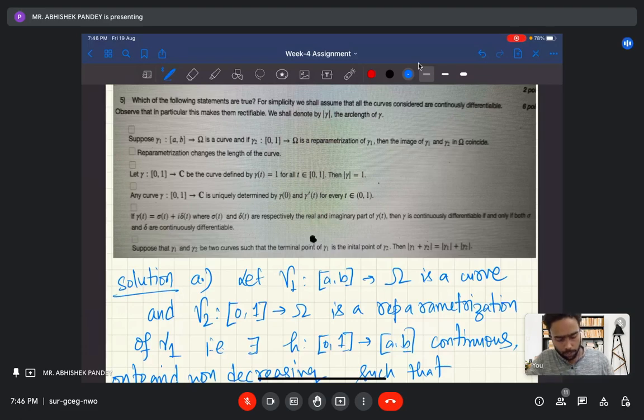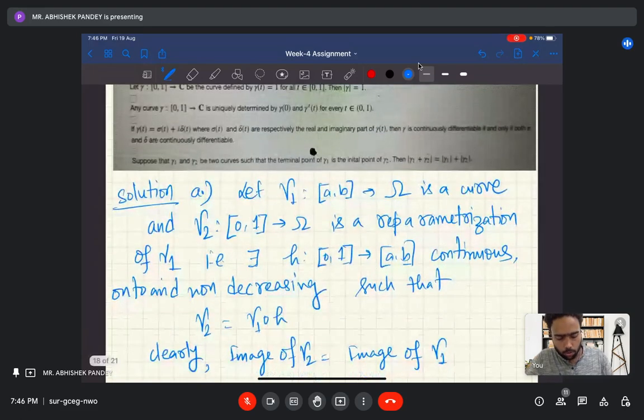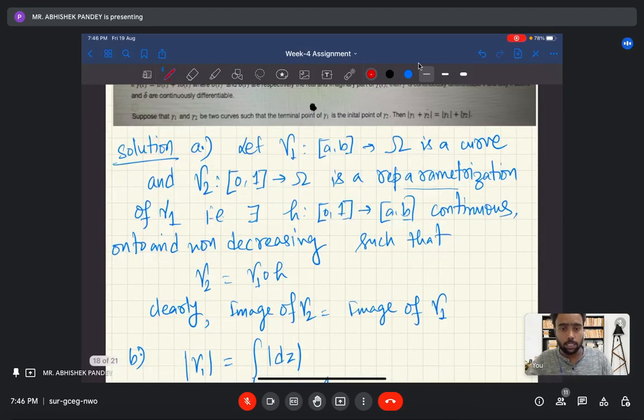What is the meaning of reparameterization? Gamma 2 is said to be a reparameterization of gamma 1 if there exists a continuous, onto, non-decreasing function h, defined from [0, 1] to [a, b], such that gamma 2 can be written as the composition of gamma 1 with h.